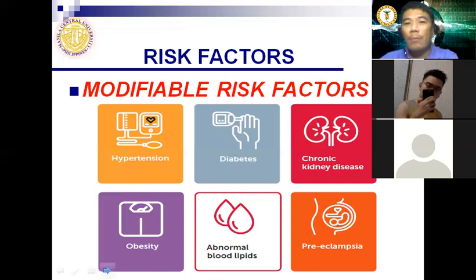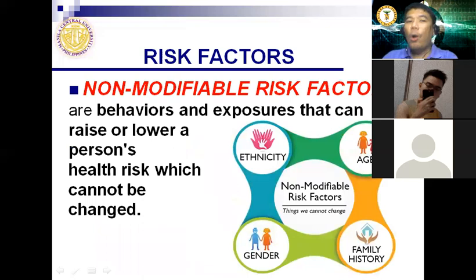So eventually, in the non-modifiable risk factors, I have told you that these cannot be changed. That's why age cannot be changed. Familial history, okay? Try to have the scientific explanation. It is best if you have research on the paternal and the maternal side.